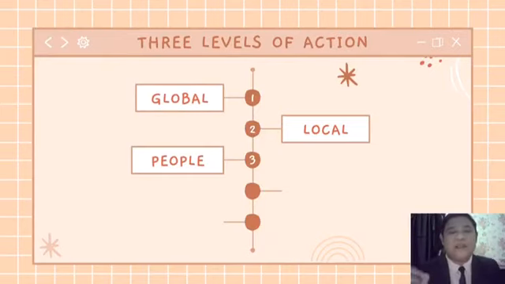And last but not least, people action includes youth, civil society, the media, the private sector, unions, academia, and other stakeholders to generate an unstoppable movement pushing for the required transformations.